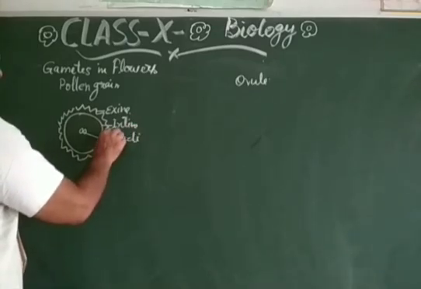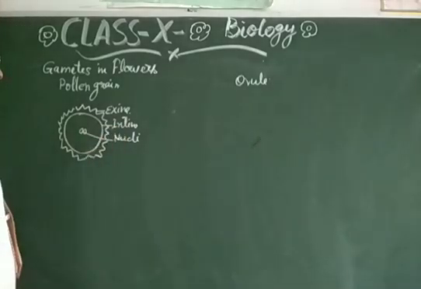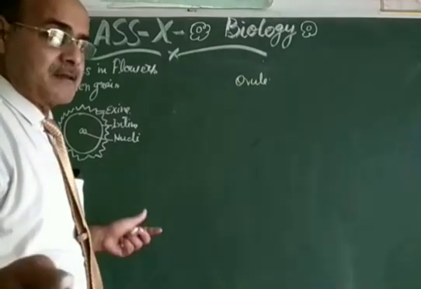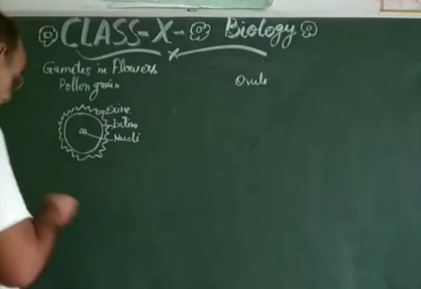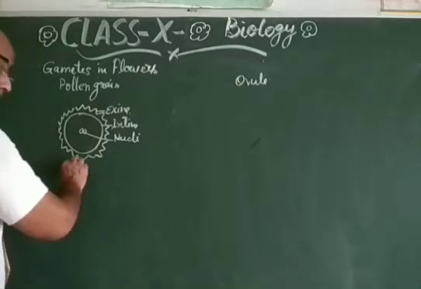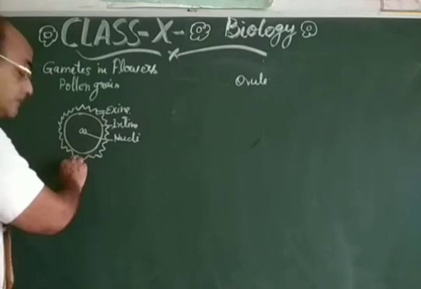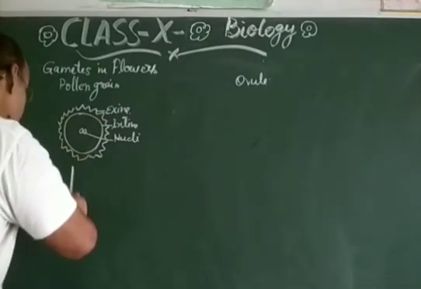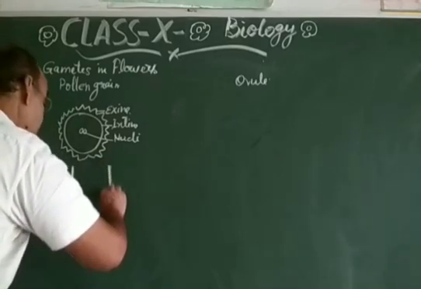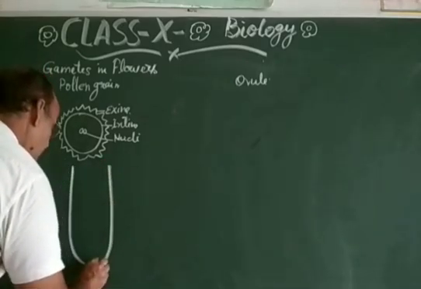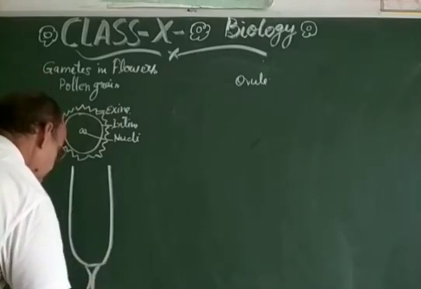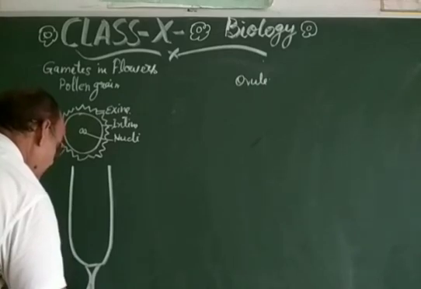And how this pollen grain gets expressed in the anther, you can see in the diagram like this, in a tetrad form. Suppose this is a star.